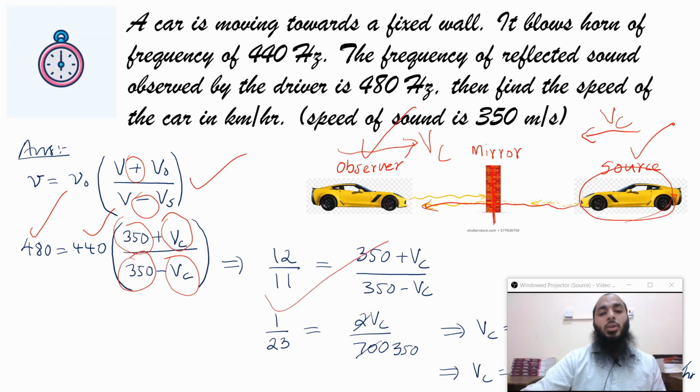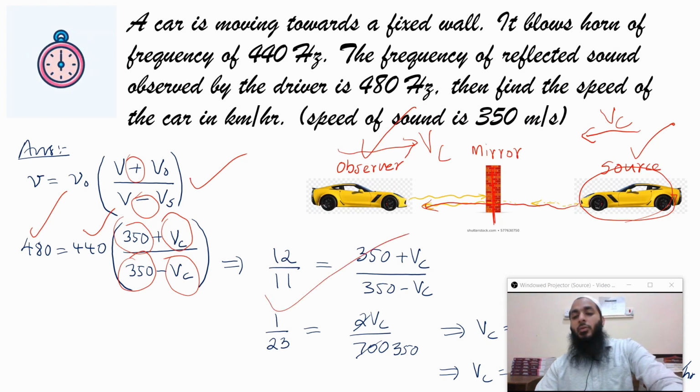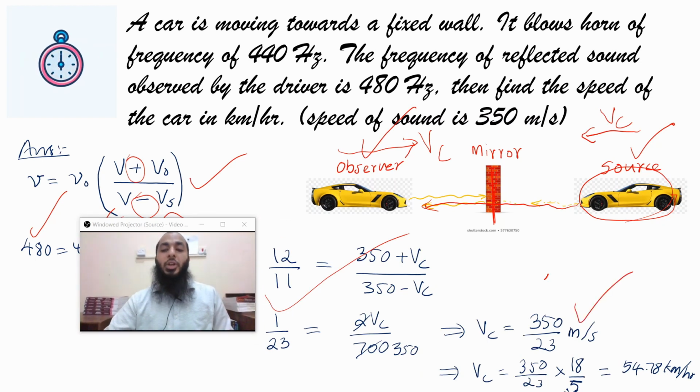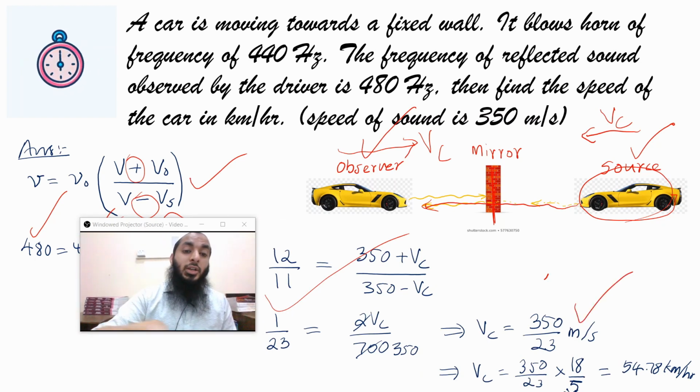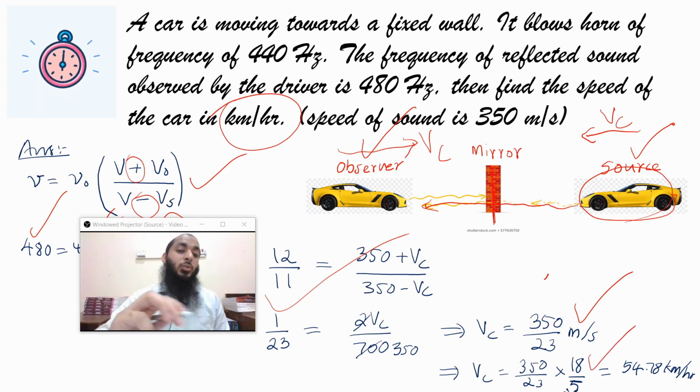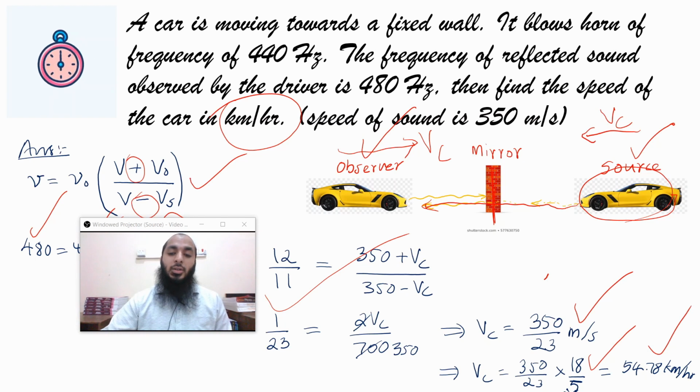If you rearrange, it will give you Vc equal to 350 by 23 meter per second, but we want it in kilometer per hour. So multiply by 18 by 5 to convert it to kilometer per hour, and you get it like this.